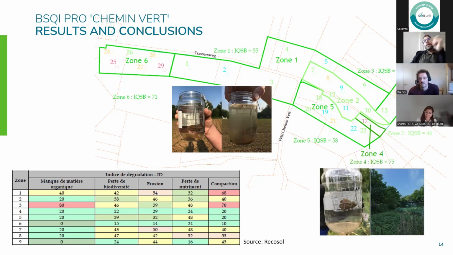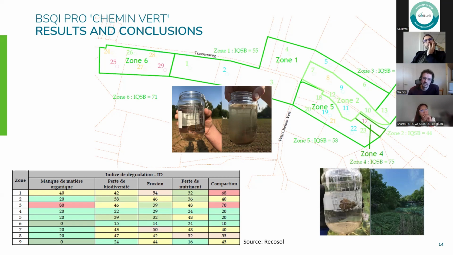And maybe a last question for now from Paul. He was wondering if you succeeded in integrating these results from the BSQI into, let's say, planning and decision-making processes at a larger scale. Because this was really dedicated to, okay, I can have a building here or a green area here at a smaller scale, but at a larger scale, did you succeed in integrating that?